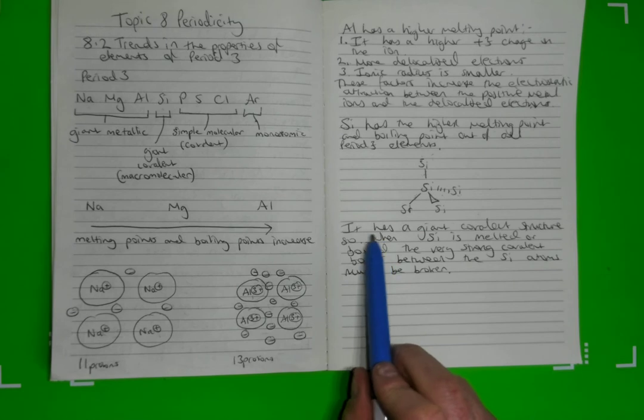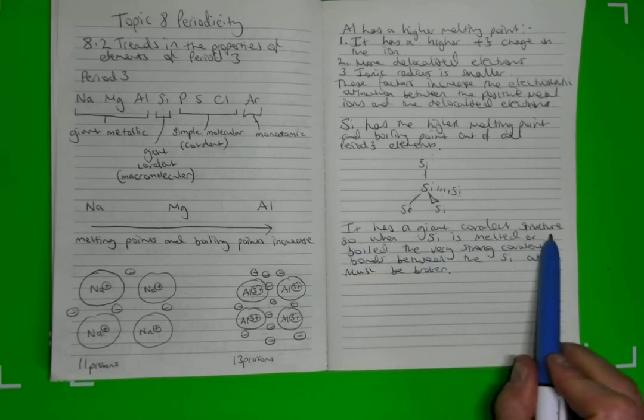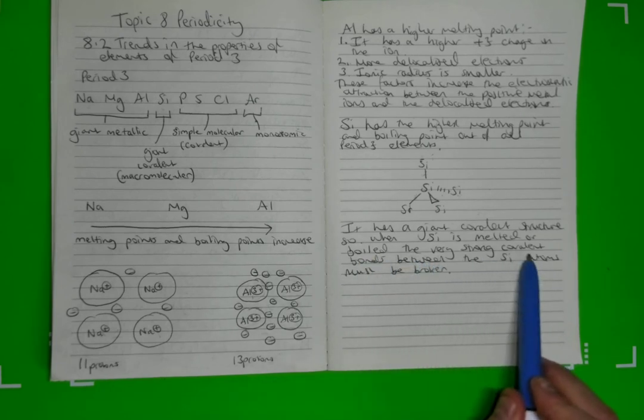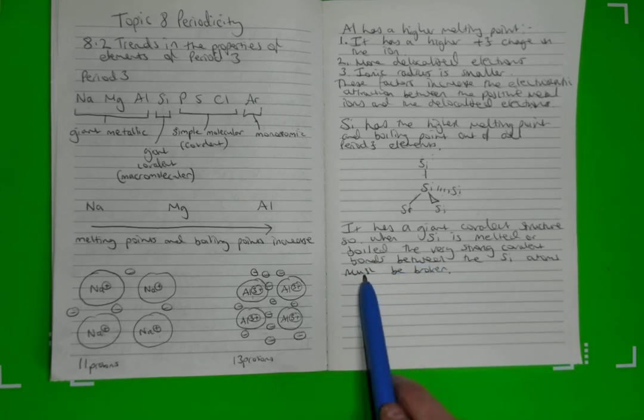So it has a giant covalent structure. So when silicon is melted or boiled, the very strong covalent bonds between the silicon atoms must be broken.